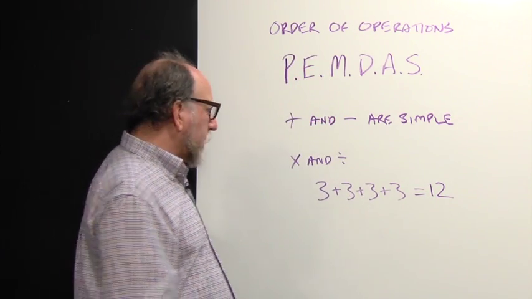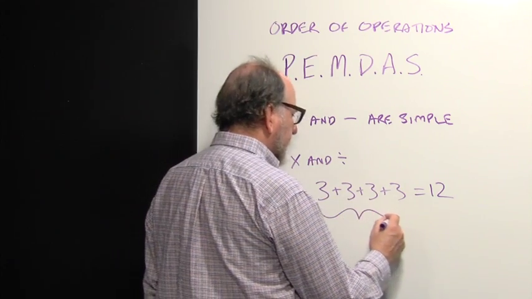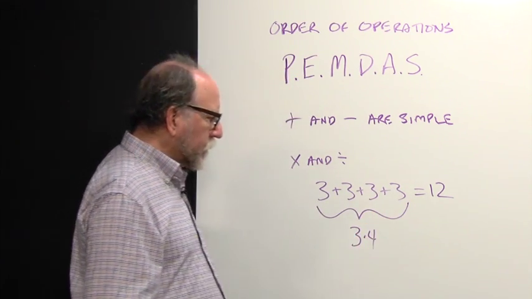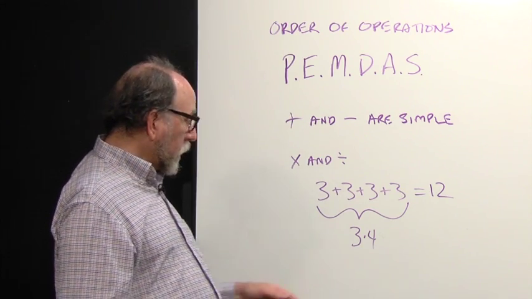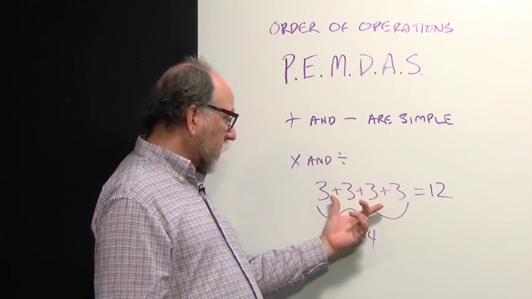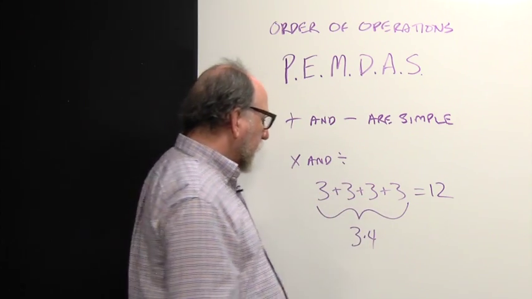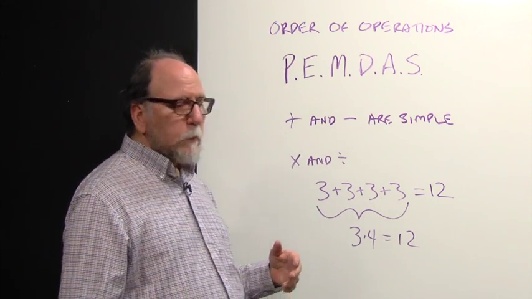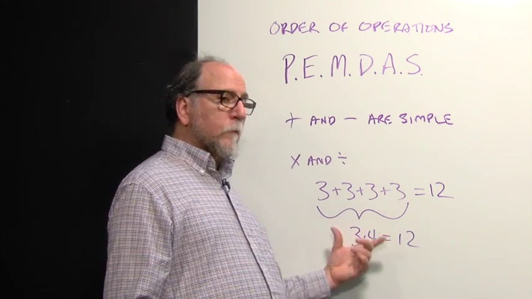But then they said, well, there's a shorter way to write that. 3 times 4. Having 3 four times, in other words, which is what you have in that addition. And we also know that's equal to 12, of course.